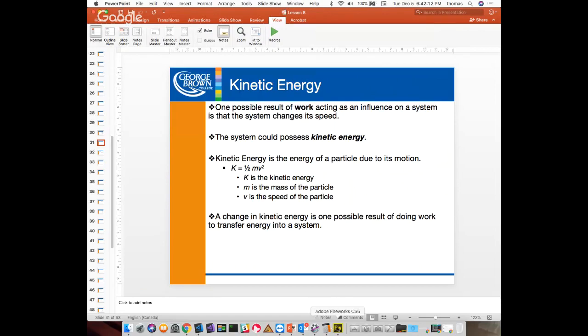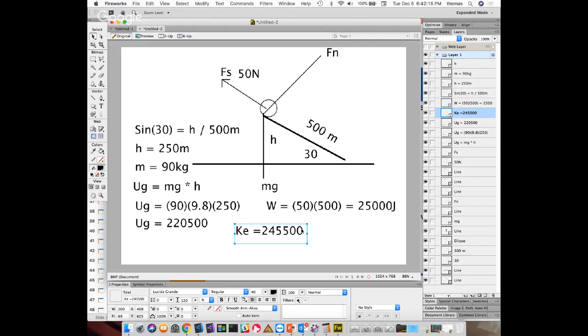Okay. So we know that this is equal to 0.5 times mass times v squared. I just put the 2 so you know what that is. So then we just take this ratio, 0.5 times 90, and we divide 245,500 by that.